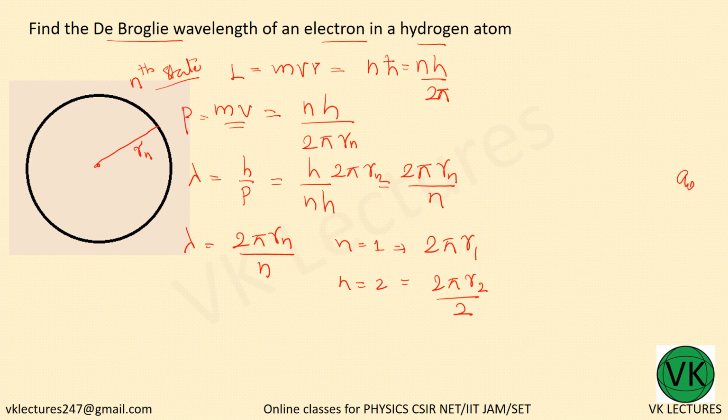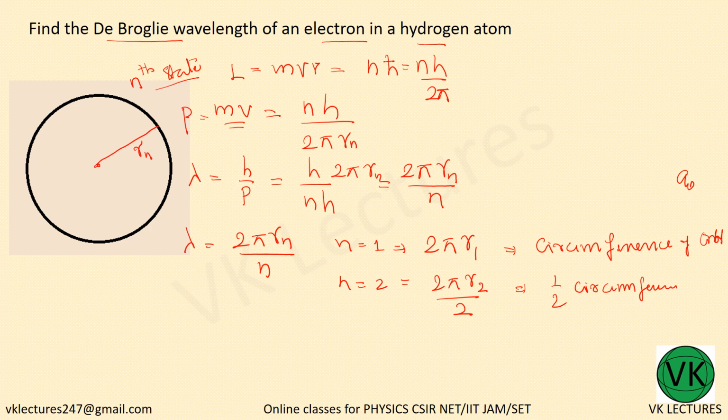So when n equal to 1, you get 2 pi r, that is the circumference of the orbit. Here it is half the circumference.